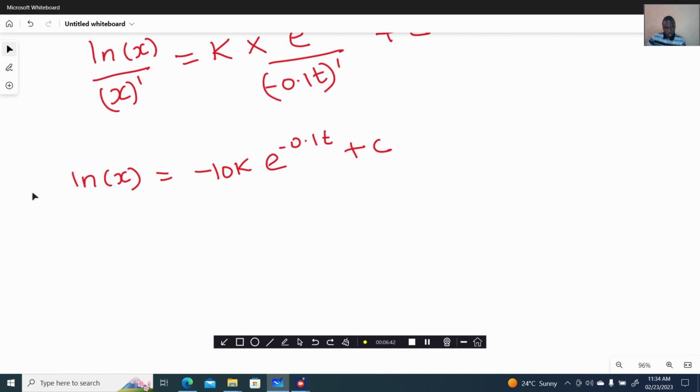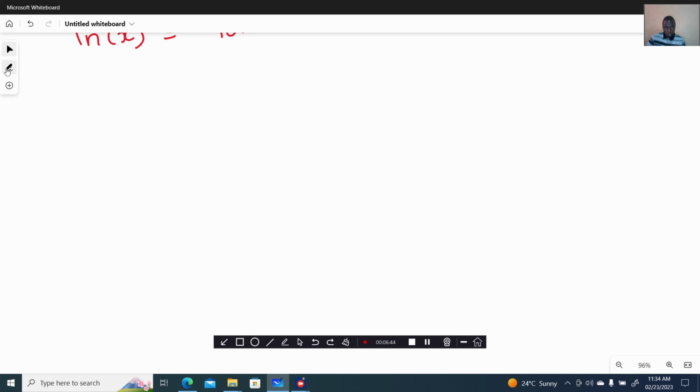Now, if you look at this question carefully, there's some more information given. At the time where the value of x equals 20, this was at the start of the reaction, and at the start of the reaction we've not started timing, so the value of t has to be equal to 0. We'll substitute these two values in this equation to obtain the value of c.